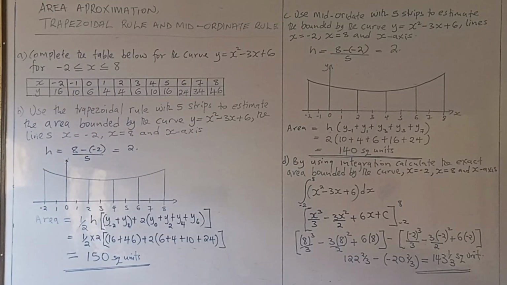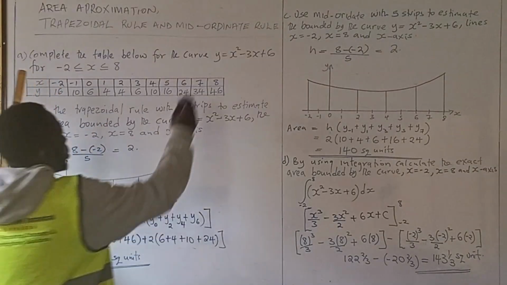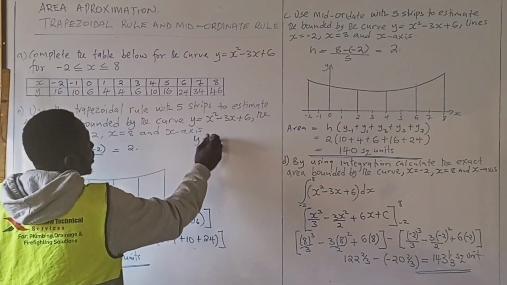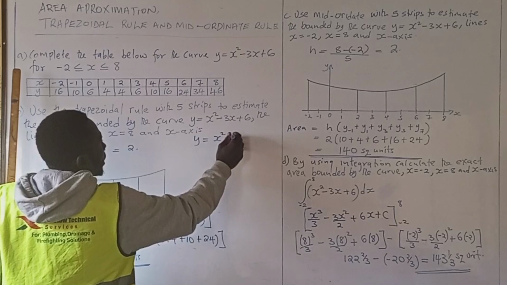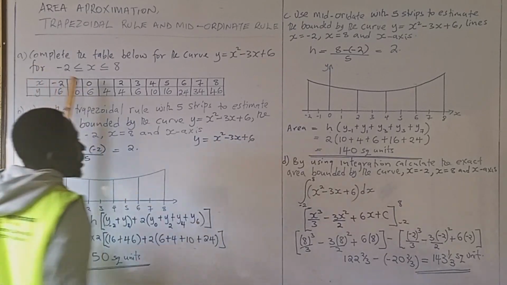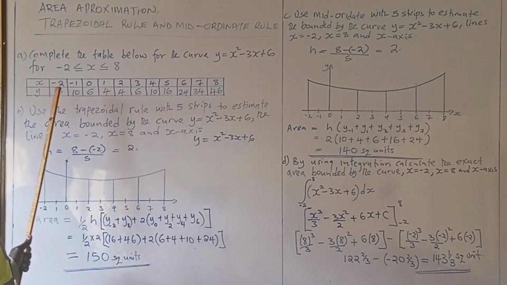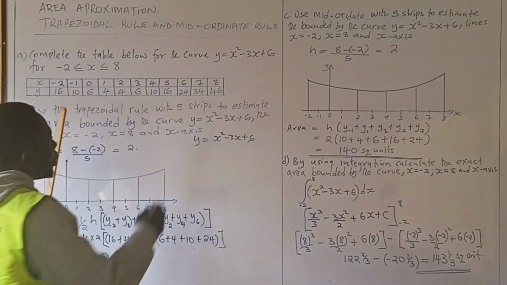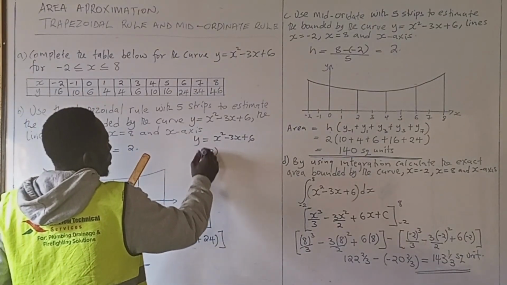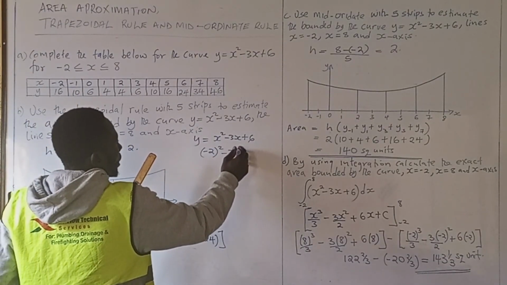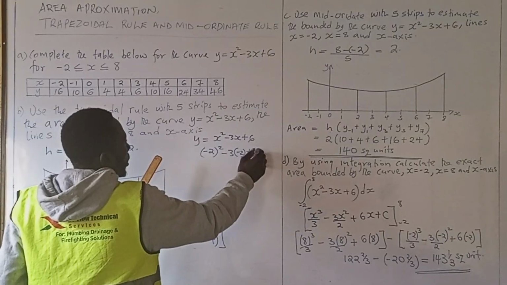So how do you calculate the values of y? You use the equation y is equal to x squared minus 3x plus 6. Where there is x, you take negative 2. So it will be negative 2 squared minus 3 into negative 2 plus 6.